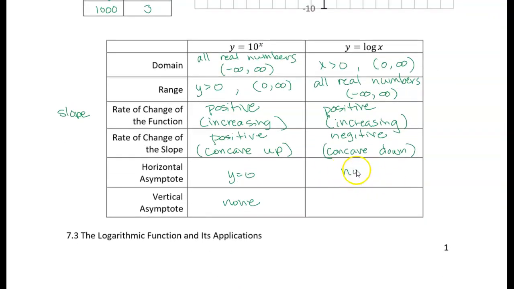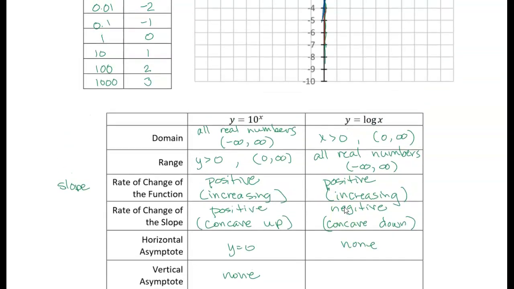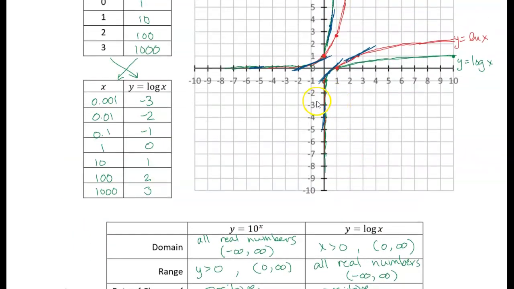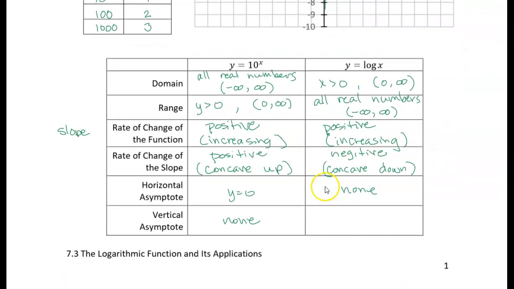And the vertical asymptote: when we looked at the domain, we said that x has to be greater than 0. As we approach 0 from the right-hand side, we just get closer and closer to 0, but we never actually get there. So there is an asymptote at x equals 0.